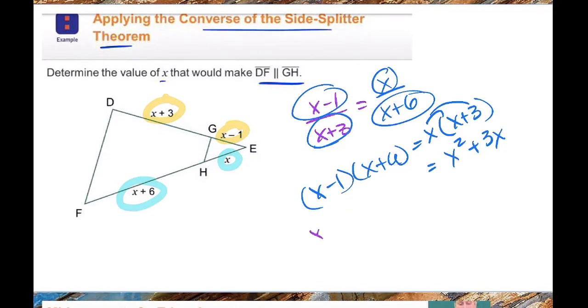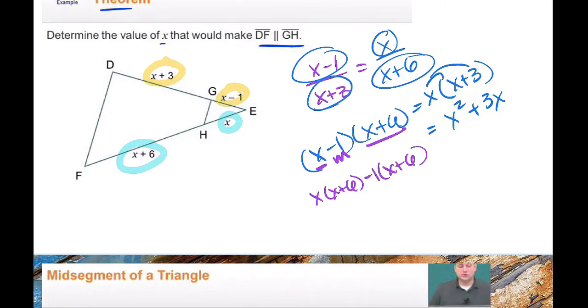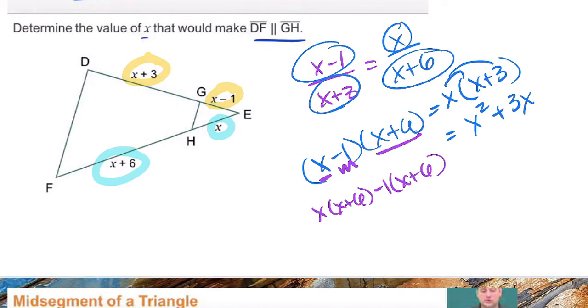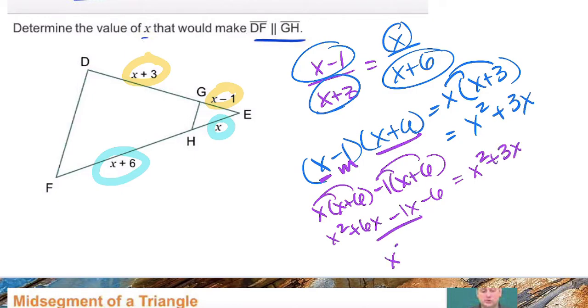So double distribution, taking this X times this parenthesis set, and then minus 1 times X plus 6 there. And there's other ways to do this type of multiplication, but this is the one most commonly taught. I'm going to distribute the X squared plus 6X, distribute that minus 1, minus 1X minus 6. Combine those like terms, X squared plus 5X minus 6 equals X squared plus 3X.